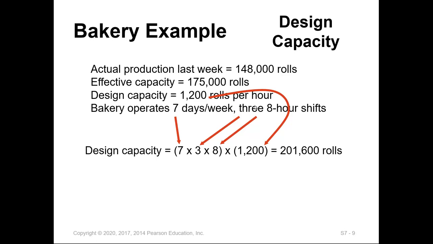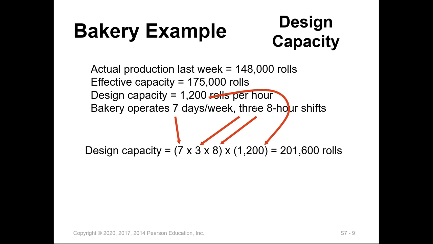This is a bakery example that uses machines with design capacity of 1,200 rolls per hour. Since the bakery is operating 7 days per week, 3 hour shifts, the design capacity per week will be 1,600 rolls per week.